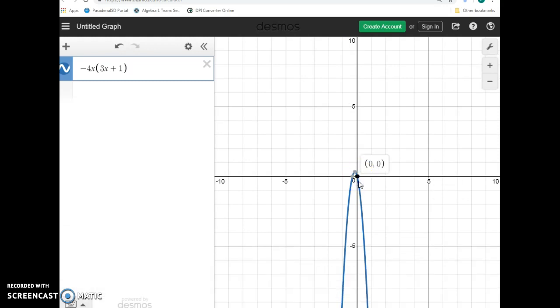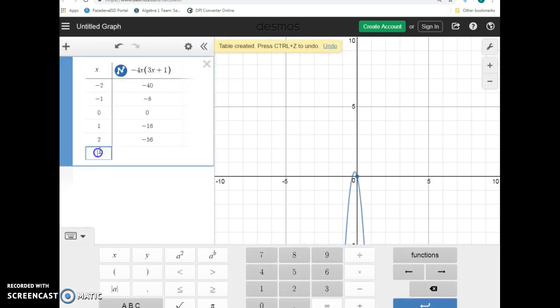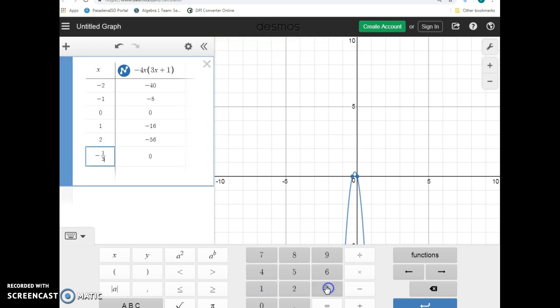So one of them is at 0, and the other one is at negative 0.33333333333. The 3 keeps repeating. That's why it's negative 1/3. If you do the table over here and you add negative 1/3, it's going to give you 0. Okay?